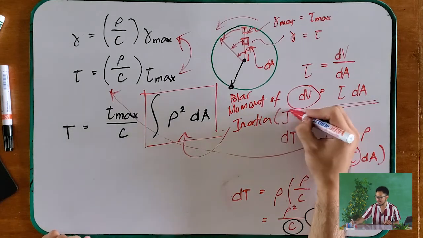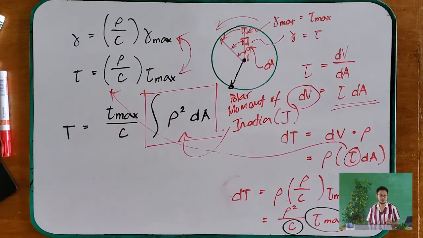This one is your J. And if you know the polar moment of inertia of a circular shaft, then you can simplify that one.